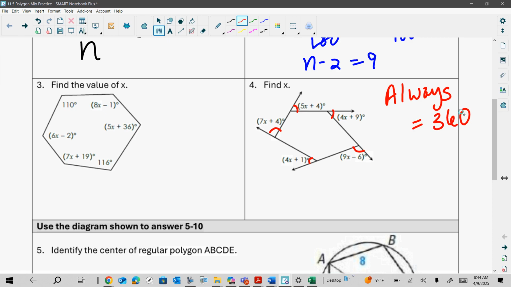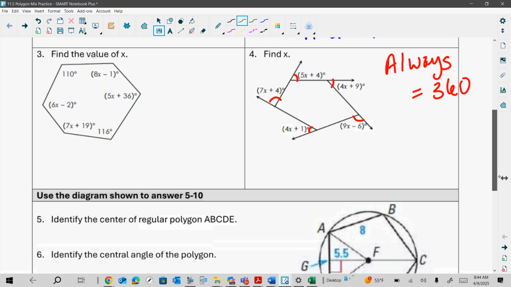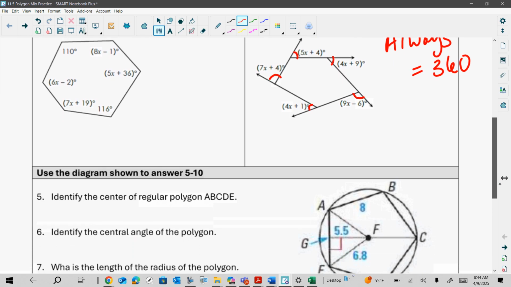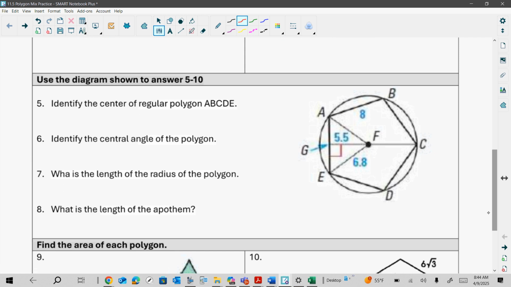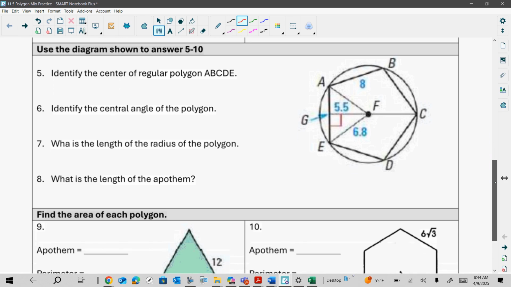So that's what you're going to use to set up your equation to solve for x. Then we're back to what we've been doing, identifying the parts. I'm not really going to stress 5 through 8. You just have to read it off the diagram. There's not any computation in this section.